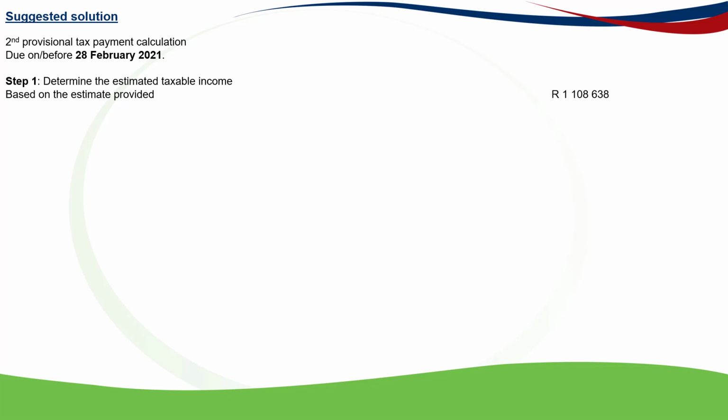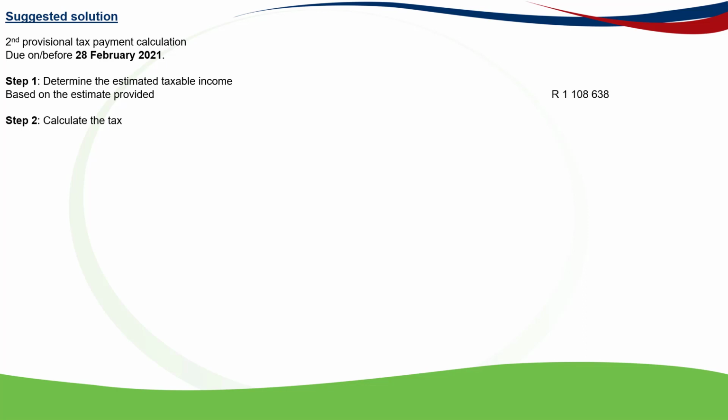And then in this case, the minimum amount is lesser than the estimated amount. So therefore, we will use our estimate of 1,108,638.